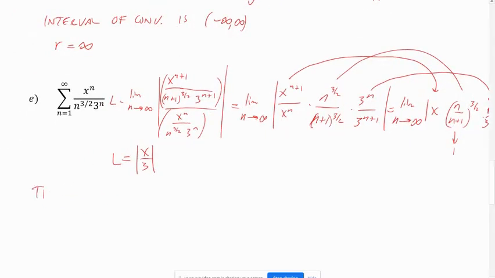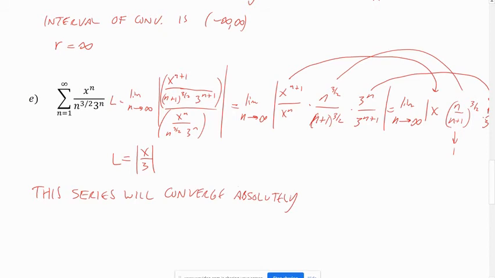So this series will converge absolutely. Remember, we said anything that passes the ratio test converges absolutely.